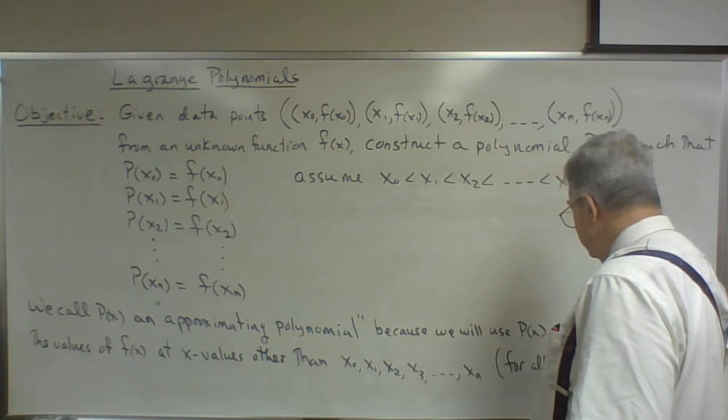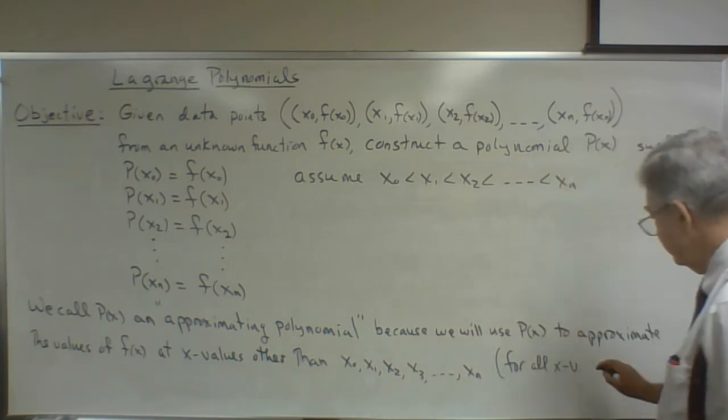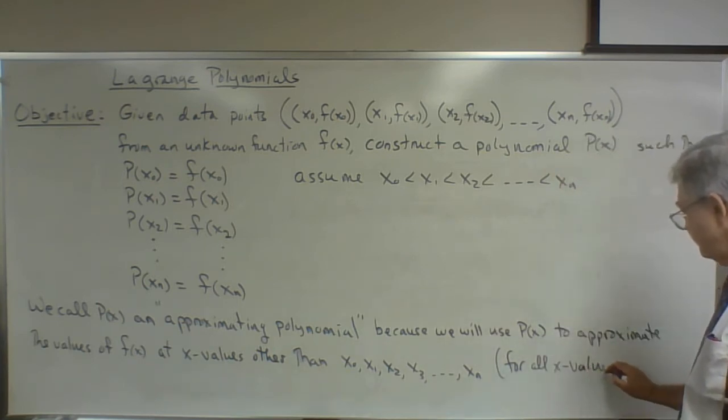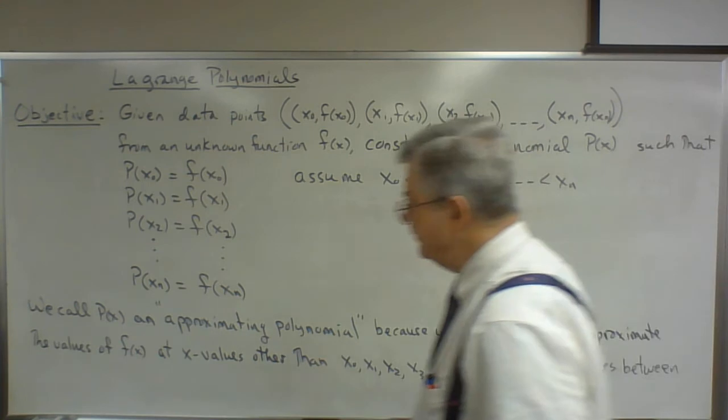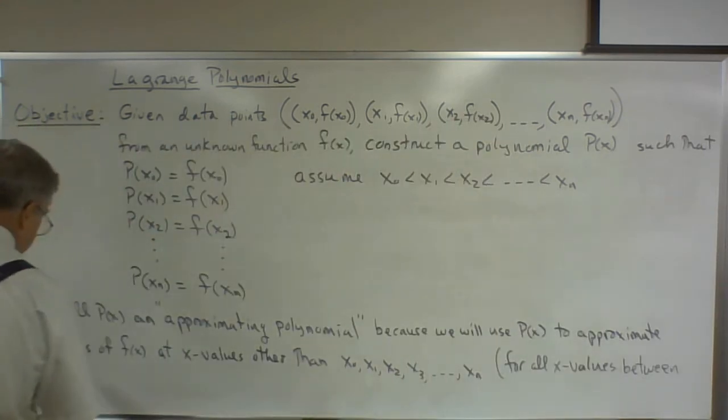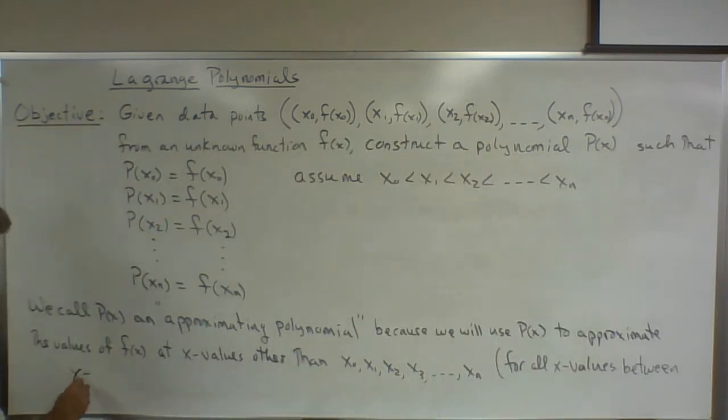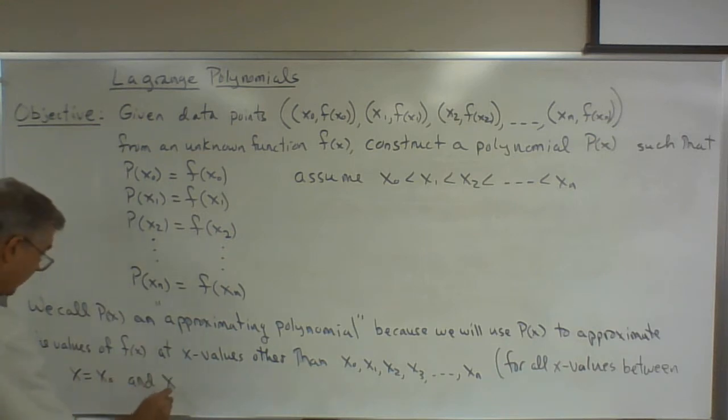I'll say for all x values between x equal x naught and x equal xn.